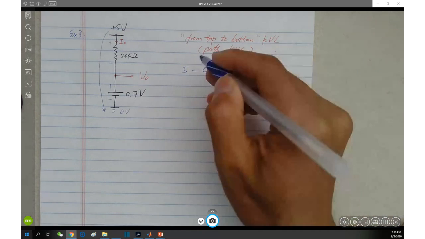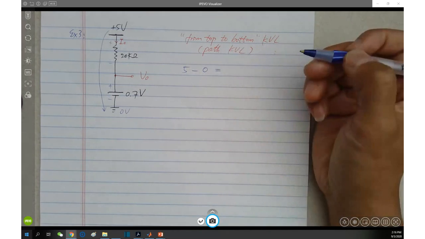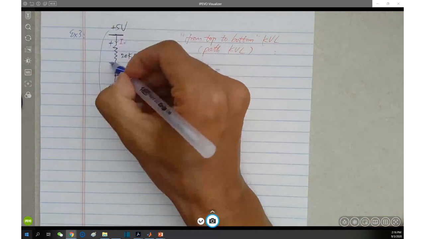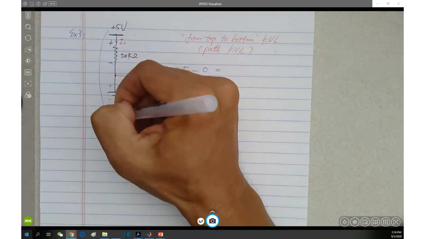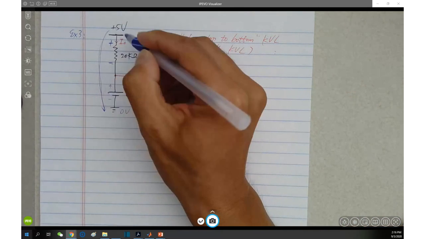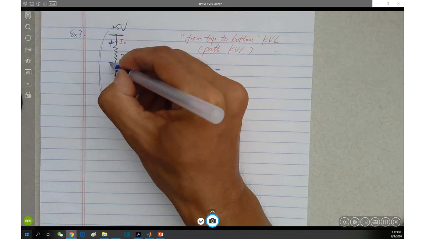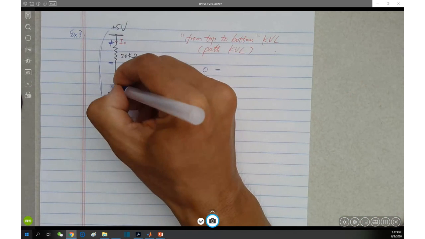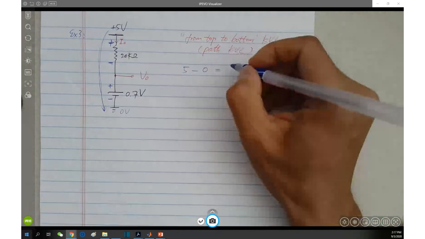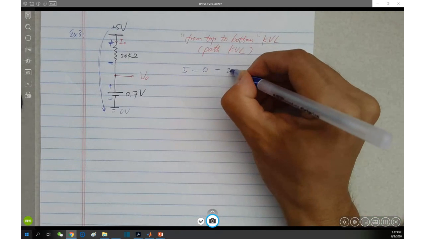You still need to follow the polarity. Going from 5 to 0, downwards, the voltage is positive at top, negative at the bottom. Same here, positive on top, negative on the bottom.